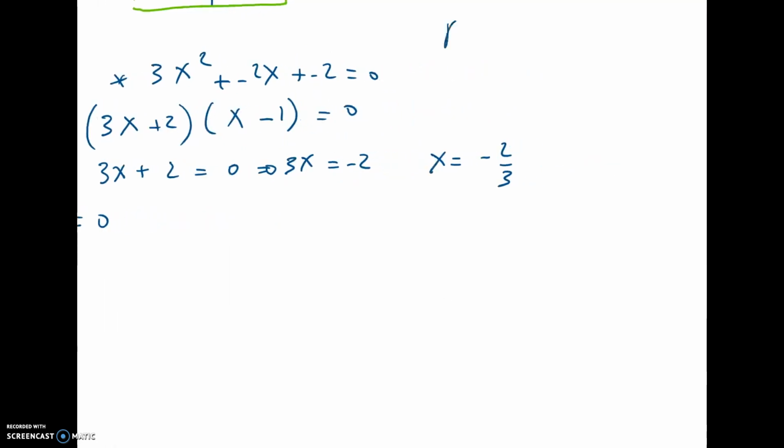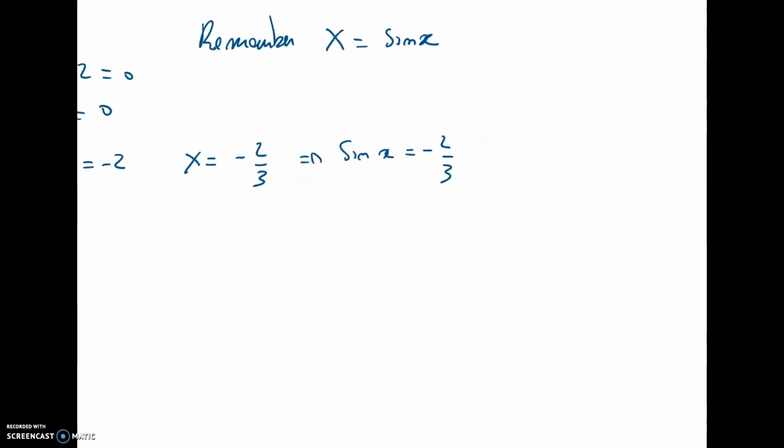Remember that x is equal to the sine of the angle lowercase x. So I end up saying that sine x equals negative 2/3, because I'm looking for lowercase x, I'm looking for the angle.